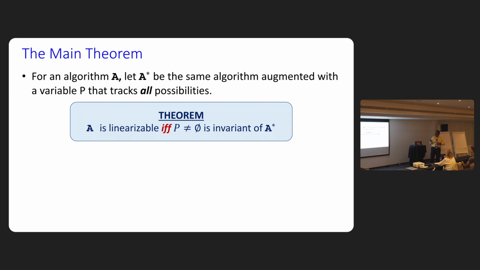Correct. Suppose your algorithm A is not a linearizable algorithm. Suppose it has some kind of an error. Then you can build A star for that algorithm, and then you will never be able to prove that that's an invariant of A star.